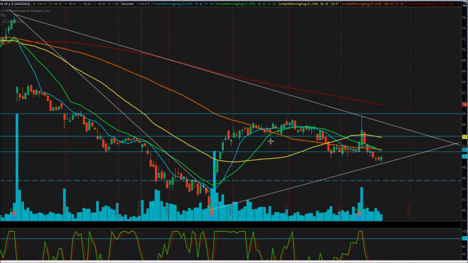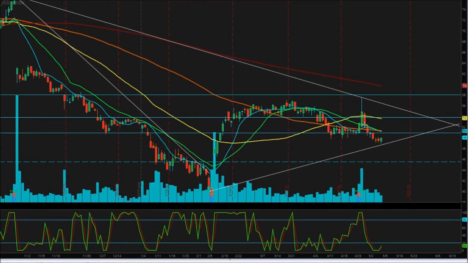First of all, I want to see this trend line from the February low hold. If it does hold, we will be slowly working our way up to the $51 area, which we're not too far off right now. If we break $51, that should turn to support, and then we can work our way into testing the $53 resistance and hopefully turn that into support as well.